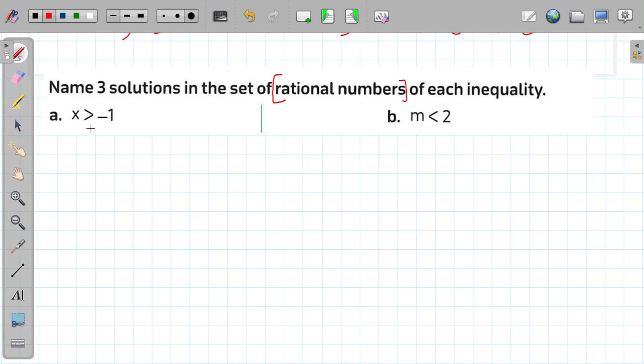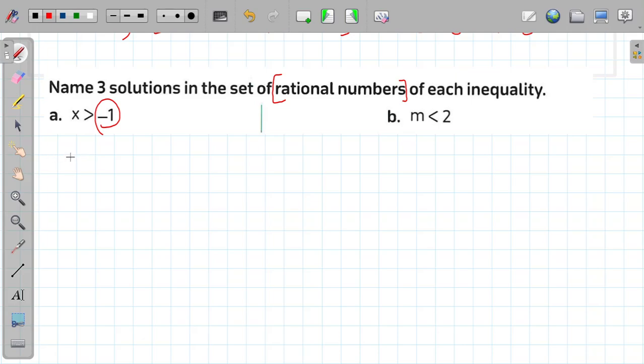The first one here, x more than negative 1, okay? But listen, here, x more than, not equal to negative 1. So negative 1 is not with us in the solutions of this inequality.